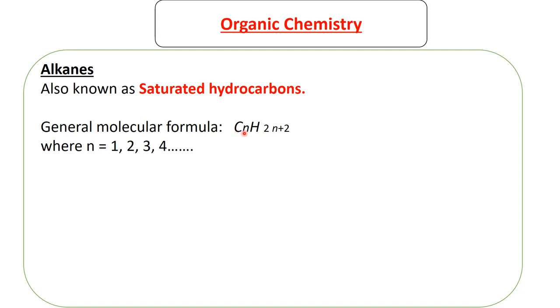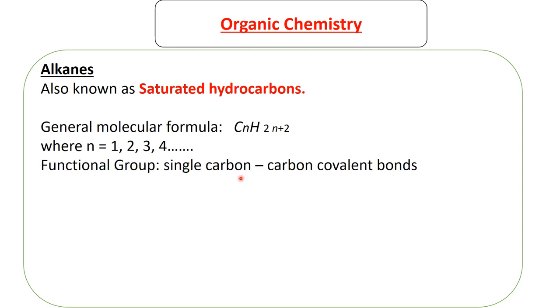So for example, if our n is 1 here, it means we have 1 carbon atom. Then hydrogen atoms, we just do 2 times n plus 2, where if n is 1, it will be 2 times 1 plus 2. 2 times 1 is 2 plus 2 is going to be 4. So this is going to be CH4. So all alkanes are represented by this formula.